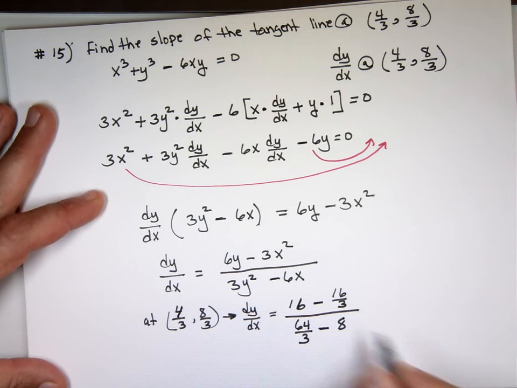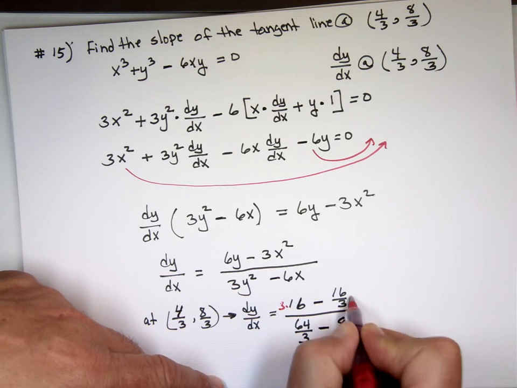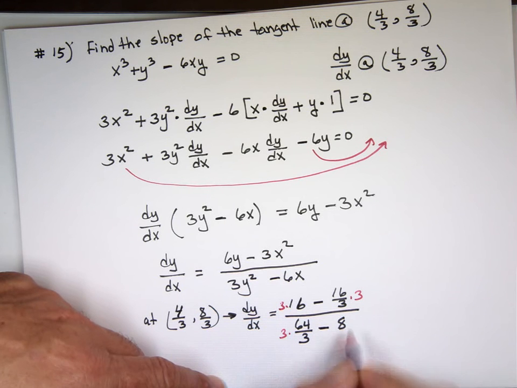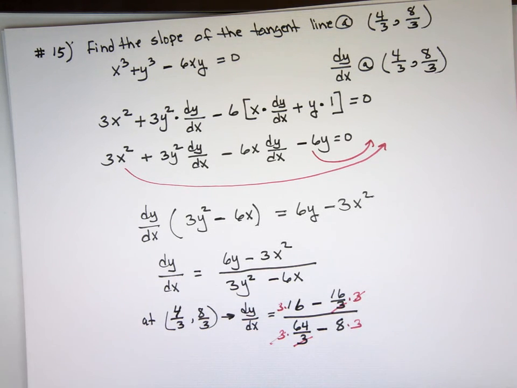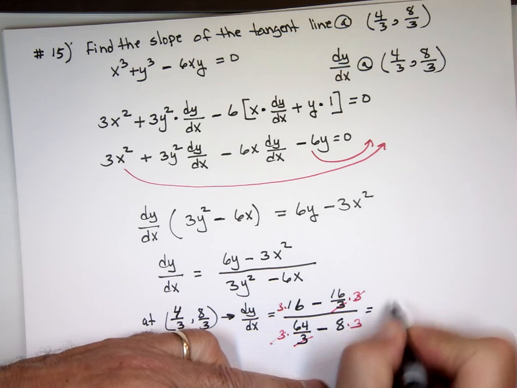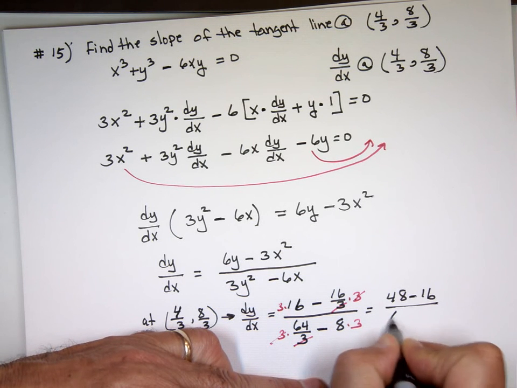I'm not really a huge fan of fractions. The best way to fix this problem quickly is you multiply every single term by the LCD. The LCD for these two little fractions, 3. If you multiply every one of them by 3, you'll have 3 times 16, which is what, 48? Minus the 16 over 64 minus 24.